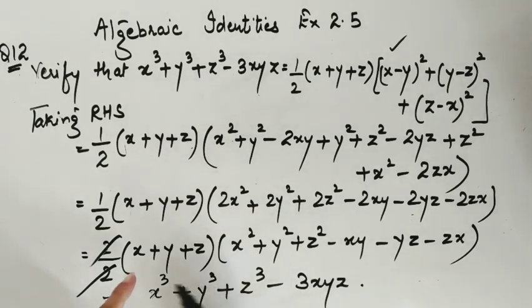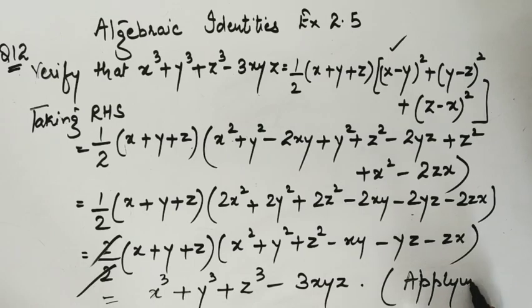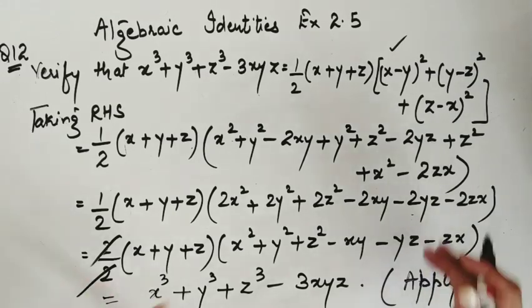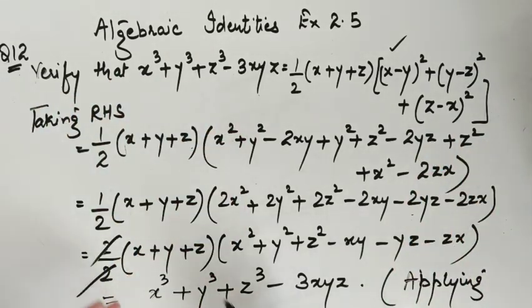You don't have to simplify it by actually multiplying, you would straight away say applying identity. Applying which identity? Number 8. Or applying the identity as such you can mention, and this formation would be equal to x cube plus y cube plus z cube minus 3 times xyz. I am sure this must be clear.